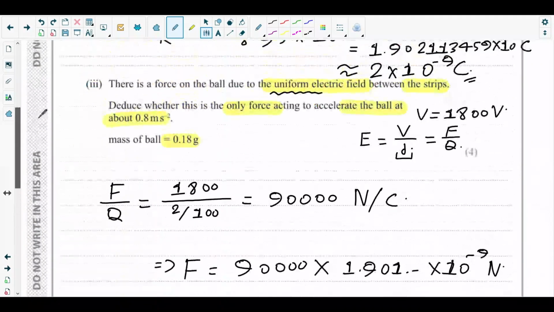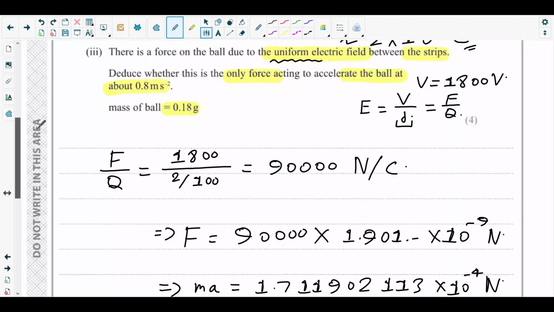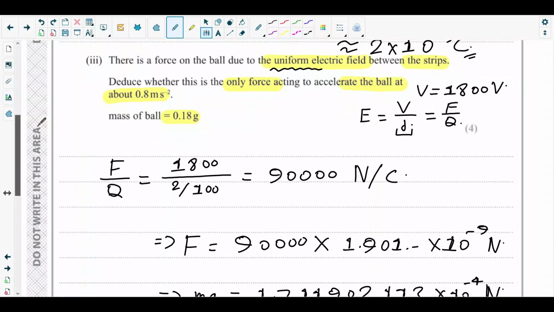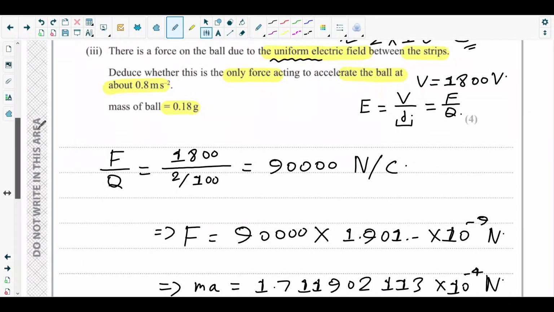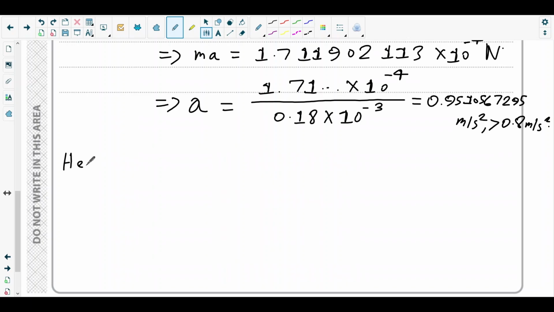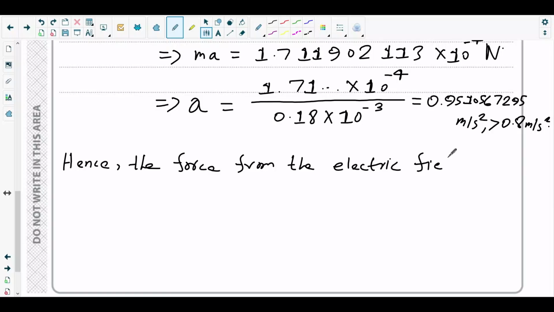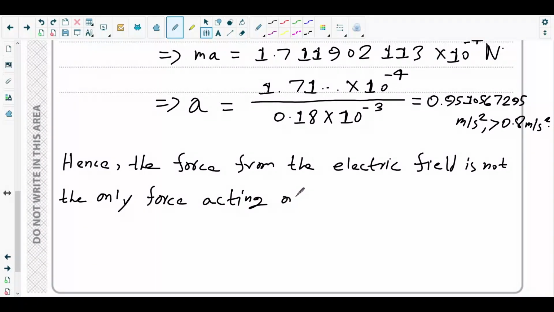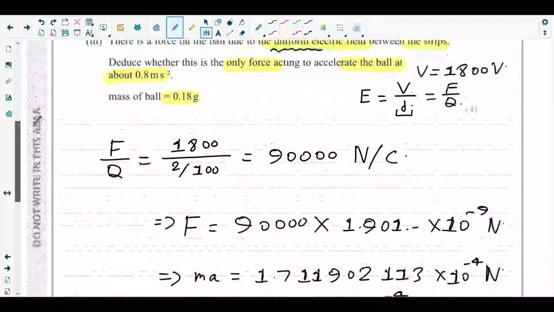That means, hence, the force from the electric field is not the only force acting on the ball. That's the deduction. Fine.